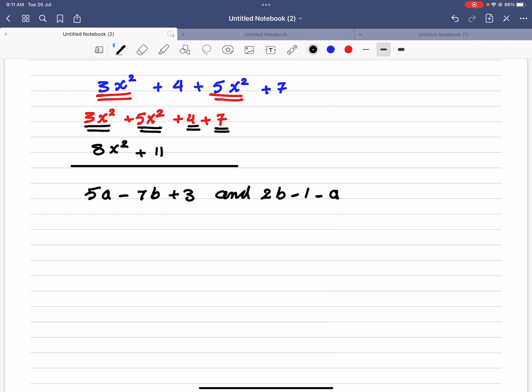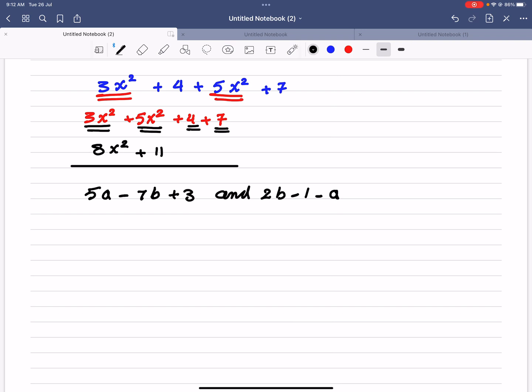But you have to remember, if you try to use the vertically way, you have to make sure that لازم تتأكد ان ال A تكون تحتها A بالظبط وال B تكون تحتها B بالظبط وال absolute يكون تحته absolute بالظبط. طيب خلينا نشوف الطريقتين.